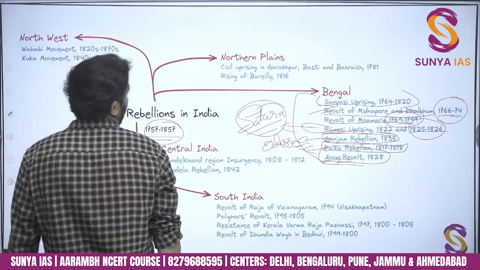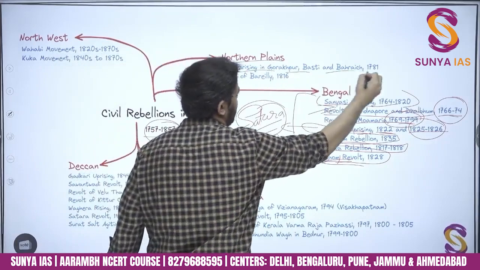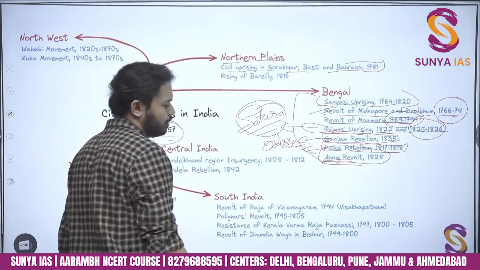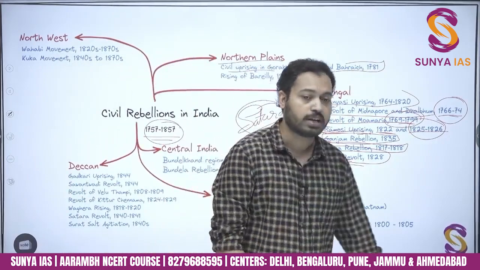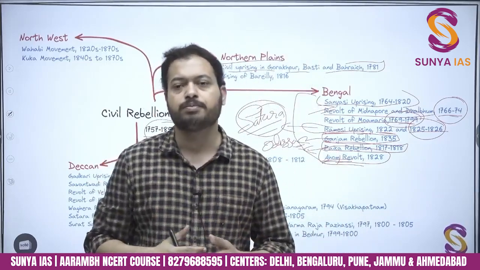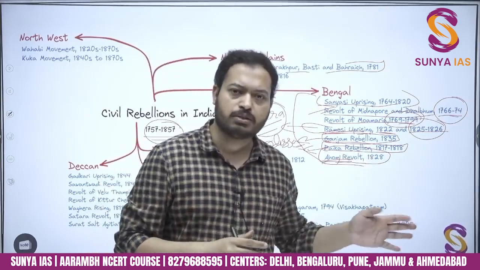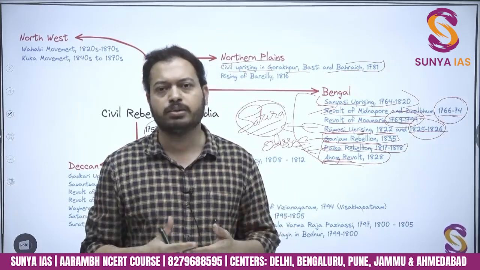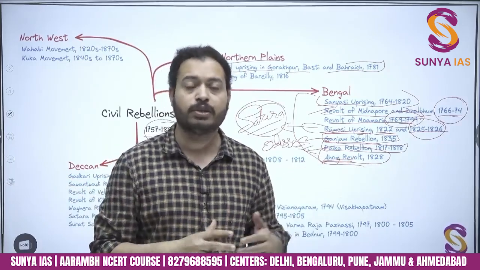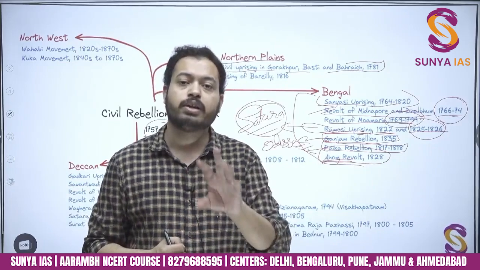Okay. In the northern plains, you will see there was a civil uprising in the Gorakhpur, Basti and Bahraich region in 1781. So what really happened in 1781 in Gorakhpur, Bahraich and Basti? Warren Hastings thought that the Indian zamindars who were given the ijaradari, who were told to collect revenue under the ijaradari system, were not giving him the exact figure.